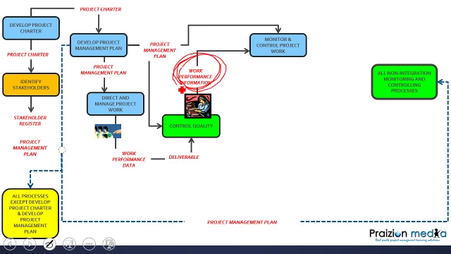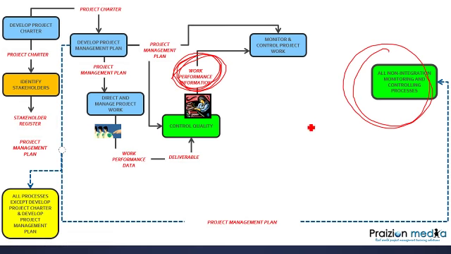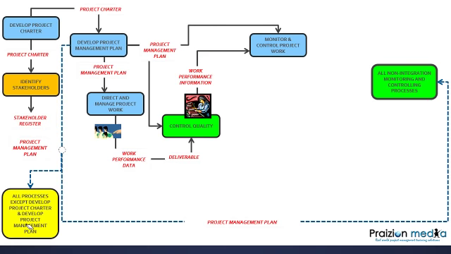This one right here, work performance information, what I'm saying in effect is work performance information is an output of all monitoring and controlling processes outside of integration. And if you can remember that, it's going to save you a ton of time on your exam. It's going to save you having to cram and memorize. Just remember my overarching rule. Okay.